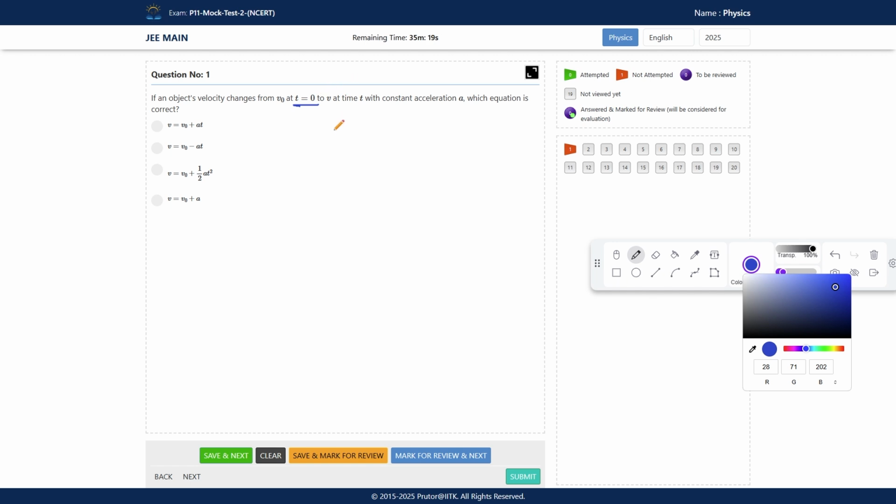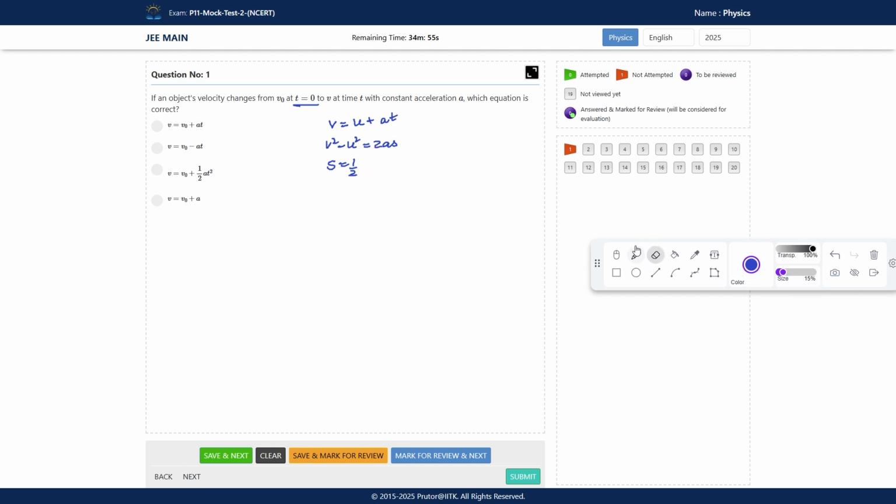So we have three equations. First is v is equal to u plus at. Second is v square minus u square equal to 2as, and third is s is equal to ut plus half at square.